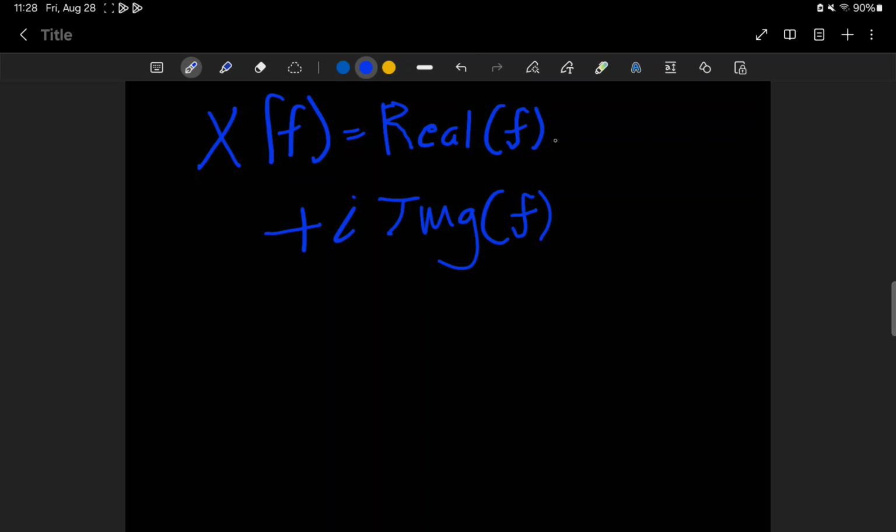So the real part, at least when we study a signal in biomedical engineering, simply means how much of this signal aligns with the cosine wave. It's used to represent the strength of my wave or my signal at each point.